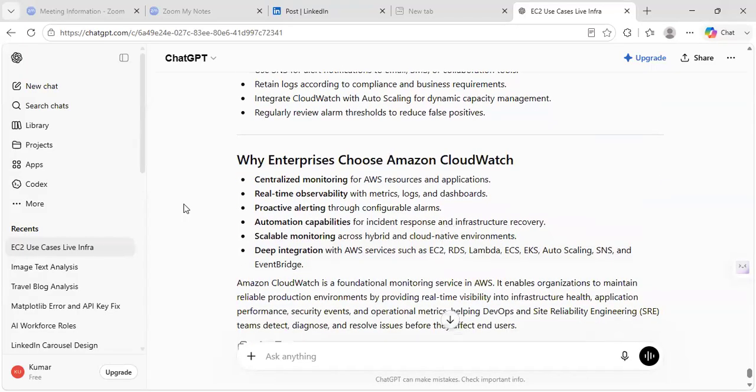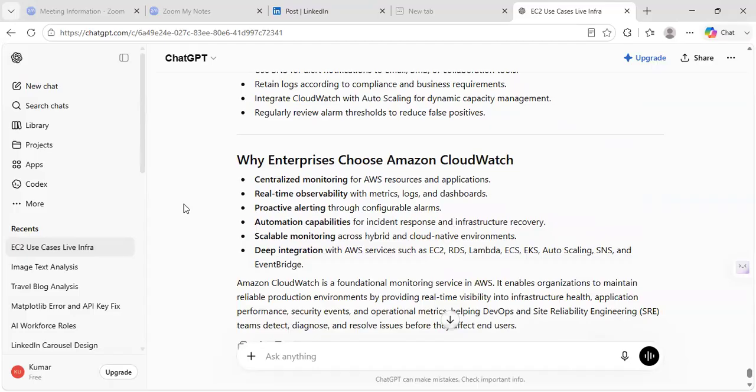So why do enterprises choose Amazon CloudWatch? Centralized monitoring for AWS resources and applications. Real-time observability with metrics, logs, and dashboards. Proactive alerting through configurable alarms. Automation capabilities for incident response and infrastructure recovery. Scalable monitoring across hybrid and cloud-native environments.